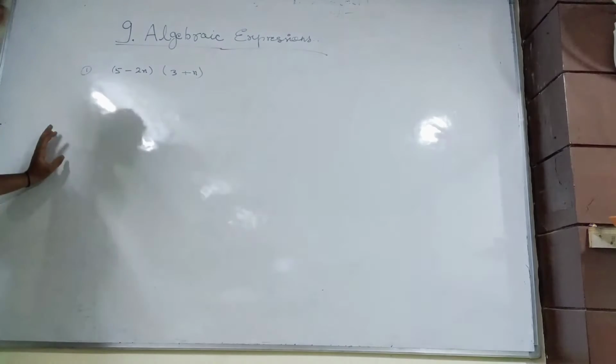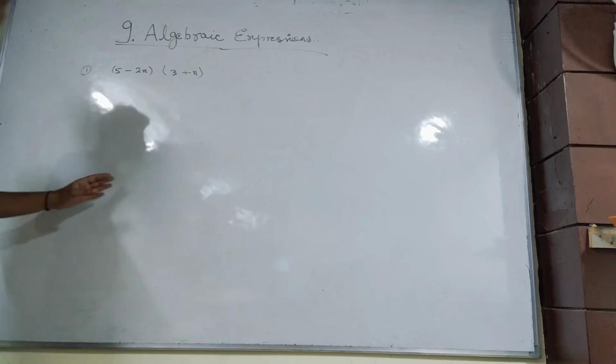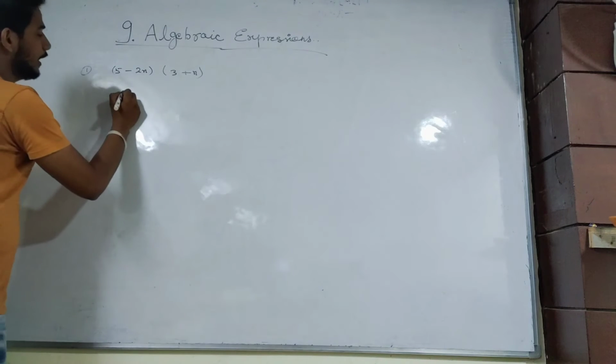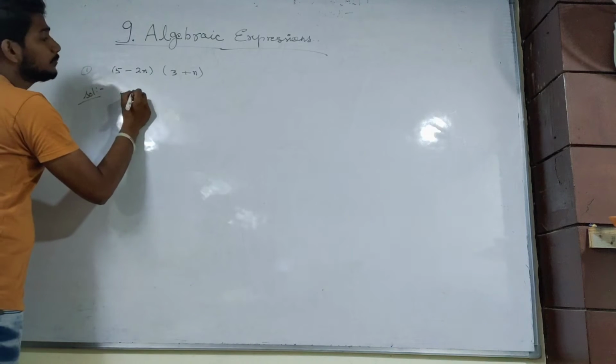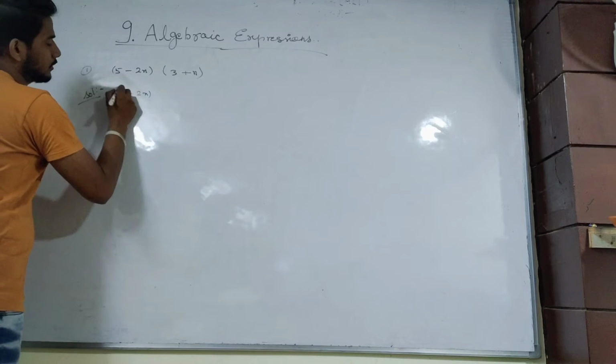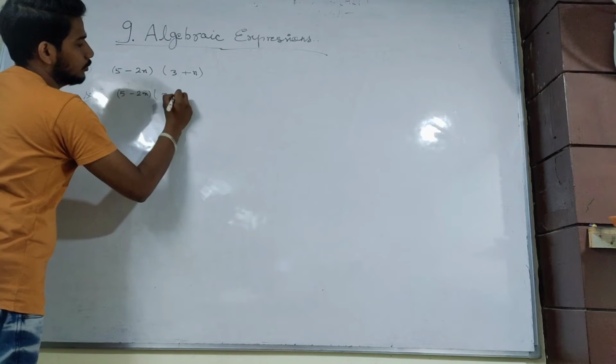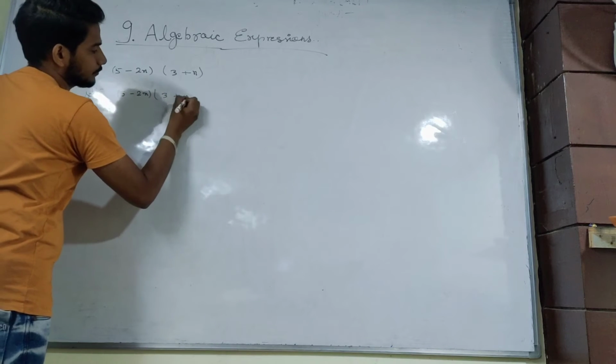In the same way as the last question, it will be 5 minus 2x into 3 plus x.